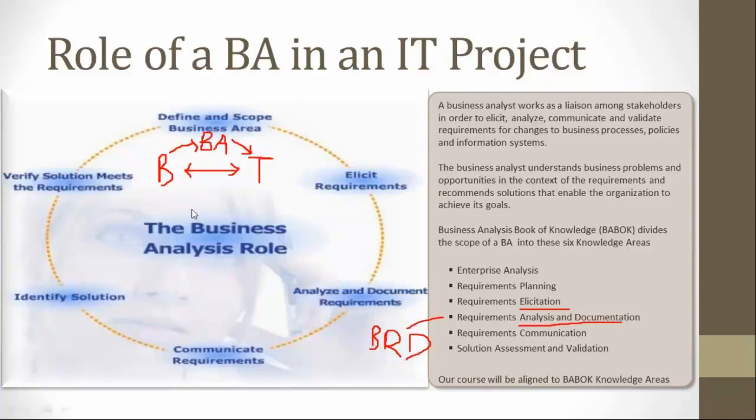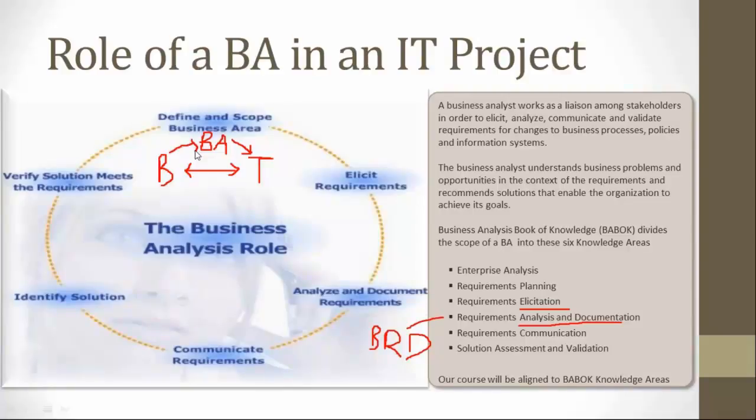So how do we do that? We do that with two main skills: our elicitation skills. So we know how to structure our discussions, how to understand the requirement completely from the business team. There are 10, 11 different ways in which you can engage them. You could do interviews, workshops, prototyping sessions, JAD sessions.